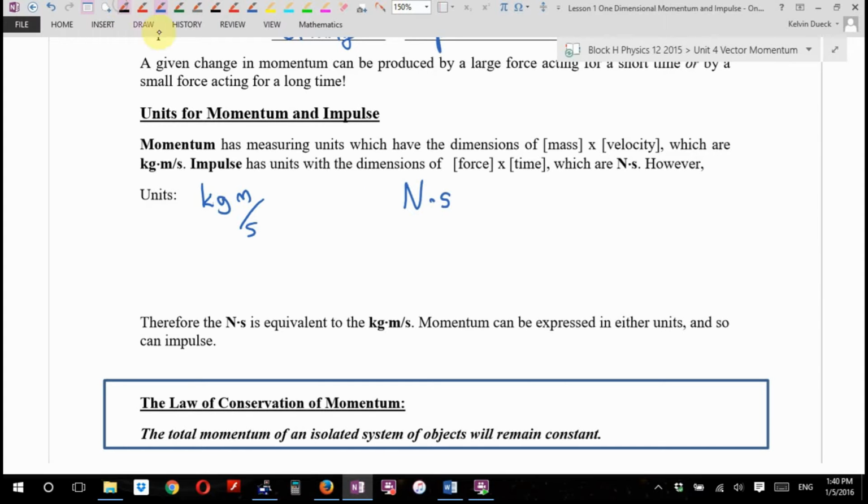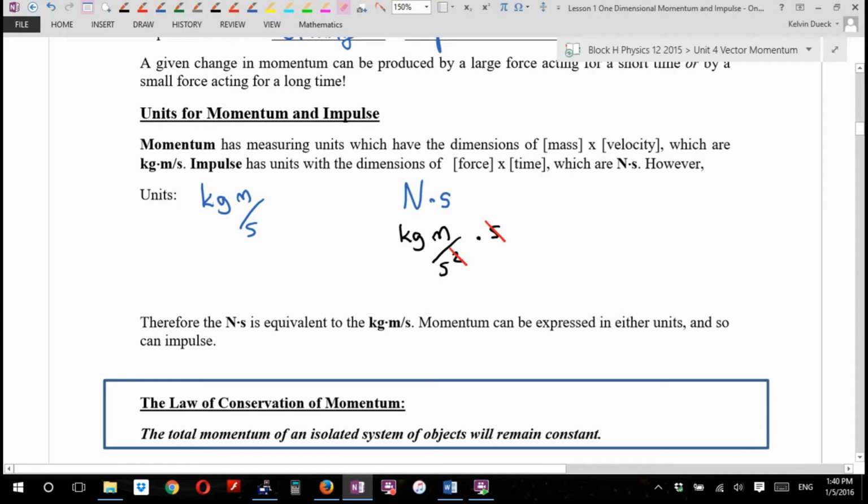So a Newton is really a kilogram meter per second squared, and then times second. And you may cleverly notice, oh, that second cancels with one of those seconds. Actually, a Newton second is the same as a kilogram meters per second. They're both measuring momentum.